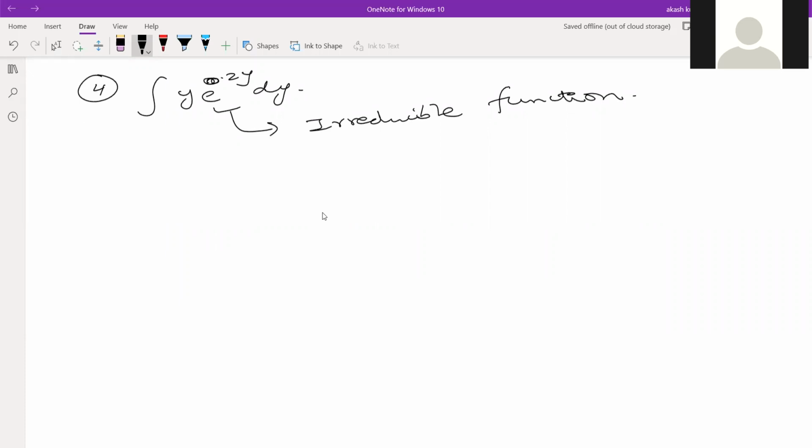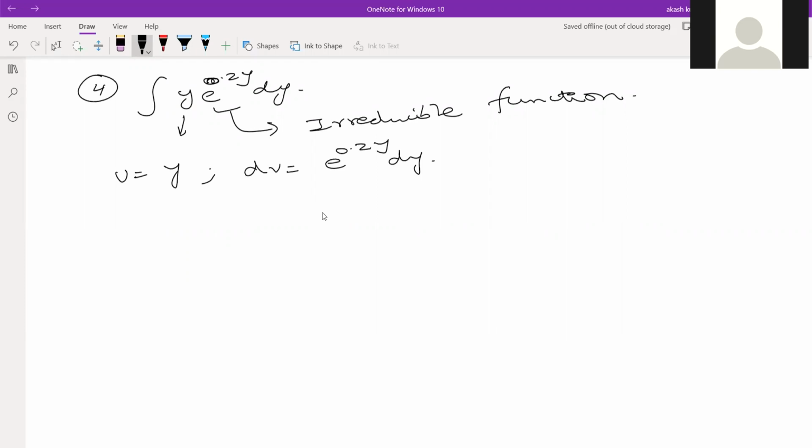So we have to choose our u as the reducible function. So our u becomes y, and our dv becomes e raised to the power 0.2y dy. Is it clear?